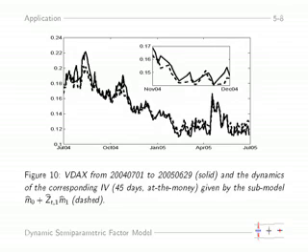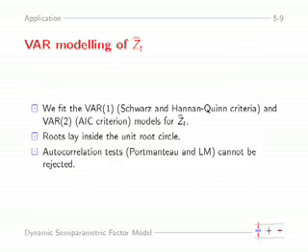If you take the submodel, that means you just take capital L equal to 1, and look at the VDAX, you see that you are reproducing the VDAX nicely. There's a little zoom for the November period. And in modeling the Z's, we fitted a VAR1 with the Schwarz-Hannan-Quinn criterion and a VAR2 with the AIC.